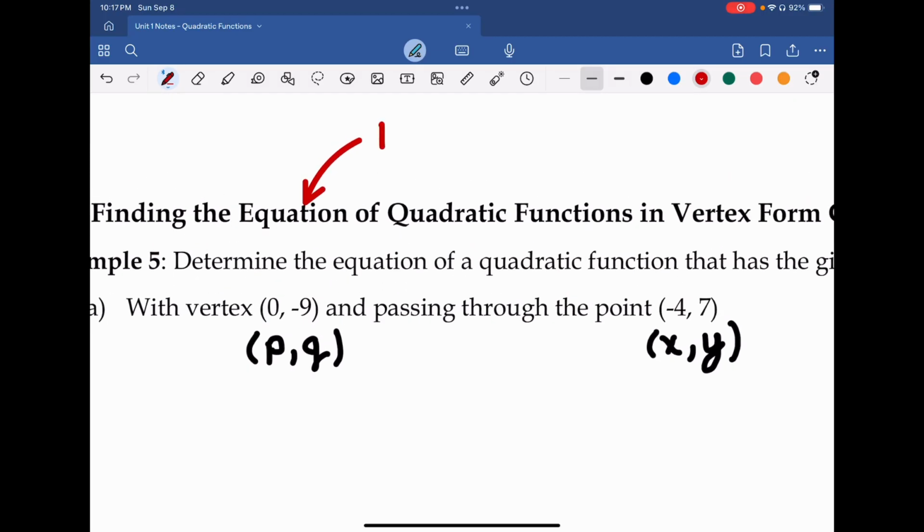Our number one goal is to find the a value first and foremost, or the vertical stretch. So number one goal, find the a value.